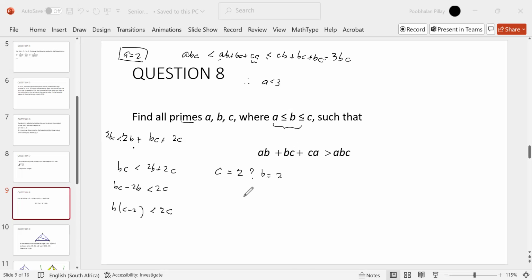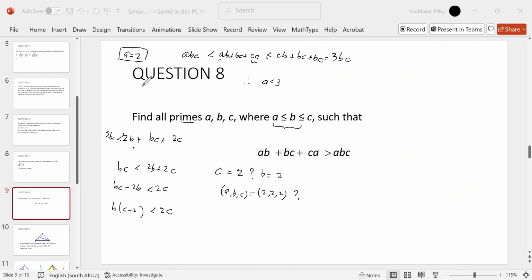So the question is, ABC, let's put this as a triple like this. Is this a solution for all? We had A is 2, B is 2. Is it a solution? Well, to check to see whether it's a solution, try it out here, right? 2, 2, 2.